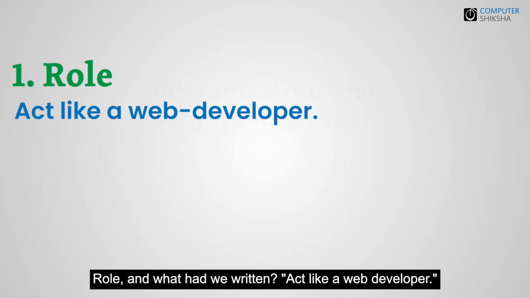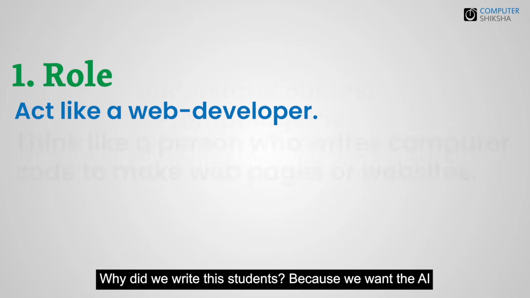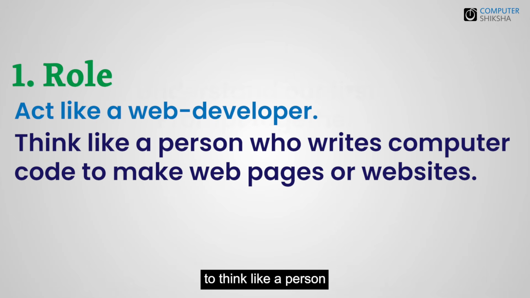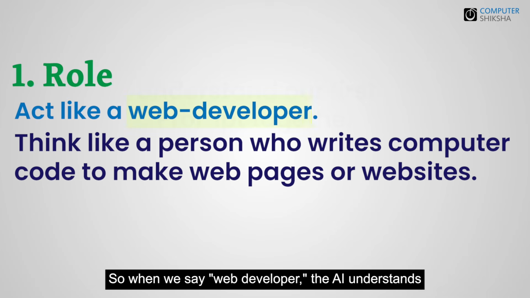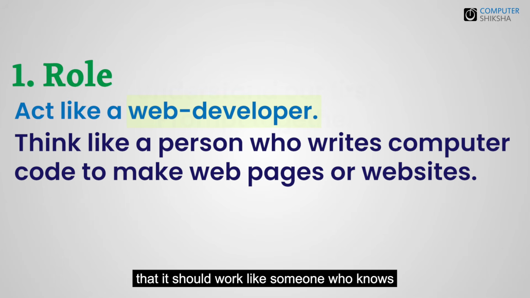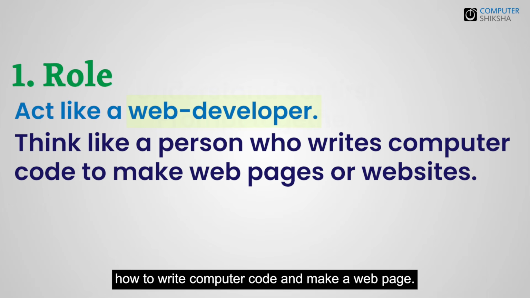And what had we written? Act like a web developer. Why did we write this, students? Because we want the AI to think like a person who writes computer code to make web pages and websites. So when we say web developer, the AI understands that it should work like someone who knows how to write computer code and make a web page.